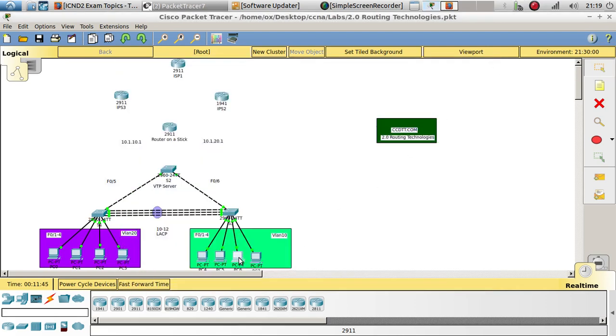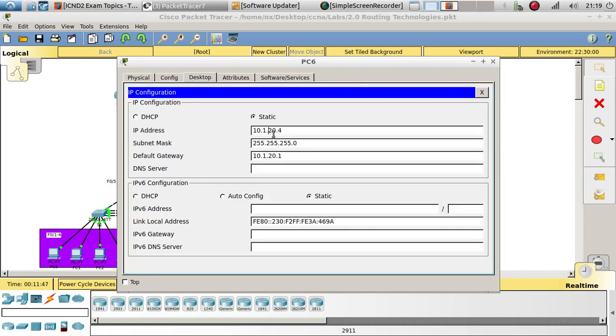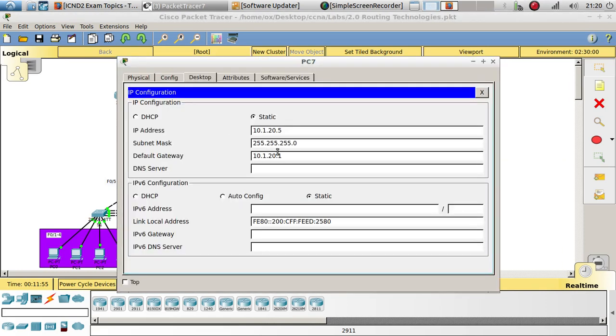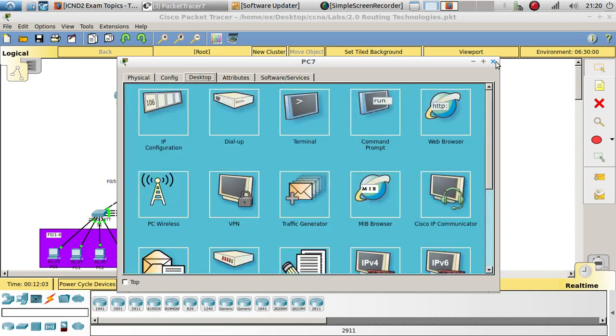Sorry for that, guys. I always get confused. Let's do the same for this one over here, 10, and 10. All right, so now this is fixed.